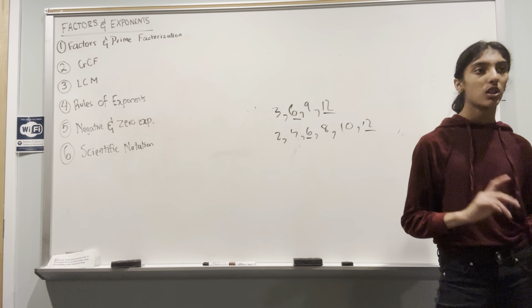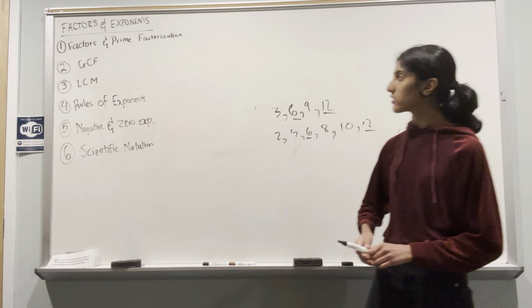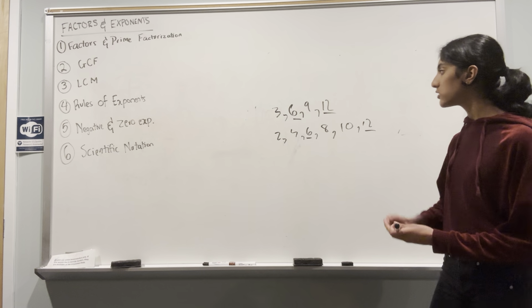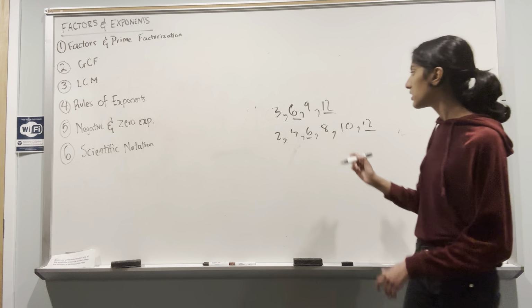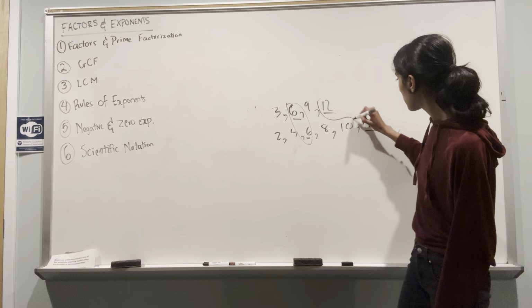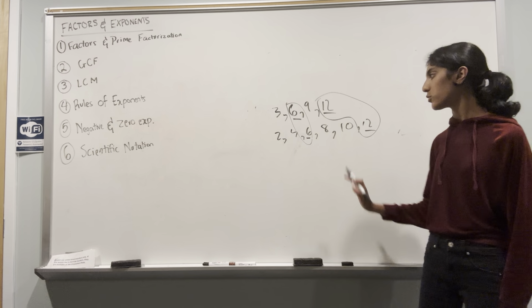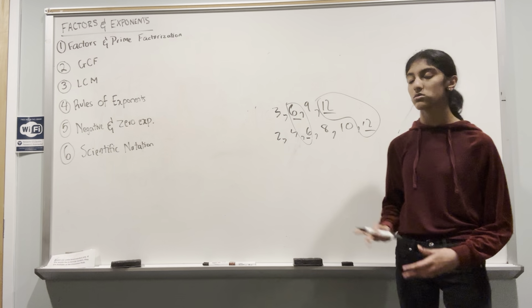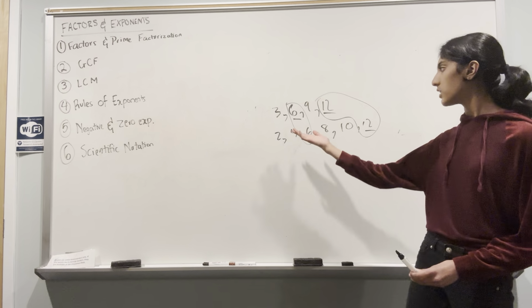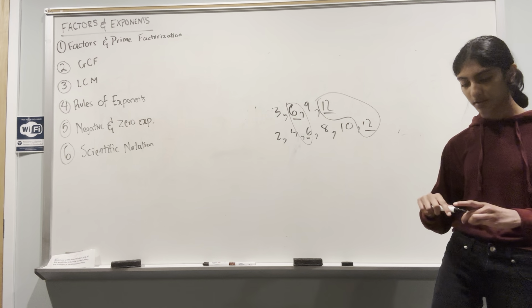So the least common multiple would be the lowest of all the common multiples. I'm going to circle them. 6 is a common multiple, and 12 is a common multiple, but 6 is the lowest of them all. So 6 is going to be the least common multiple of these number lists.